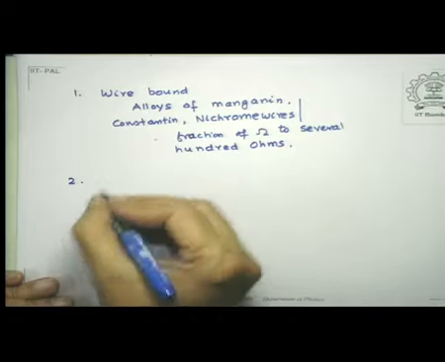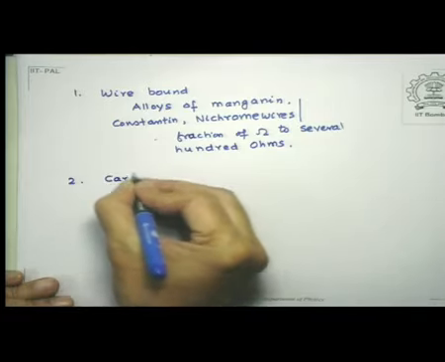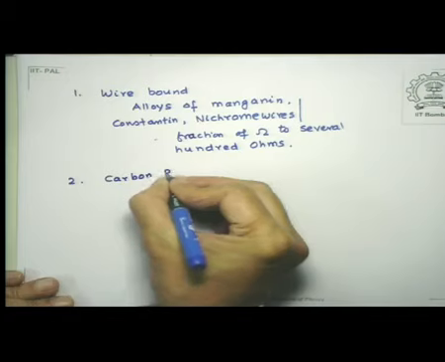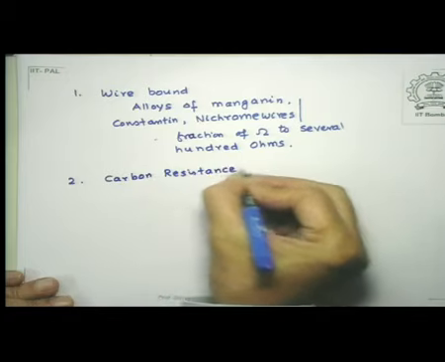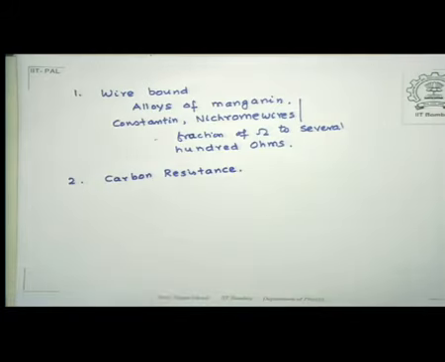More common are what are called carbon resistances, which also have such sturdy properties. Now in carbon resistance, there is a color coding used to indicate the resistance. If you go to the lab and pick up a carbon resistance, you will find there are certain color bands there. Typically a carbon resistance would look like this.